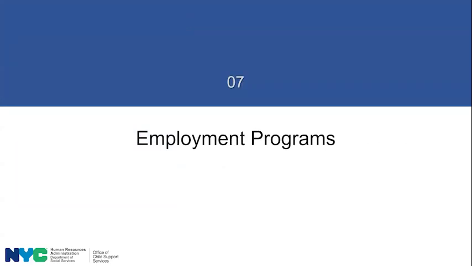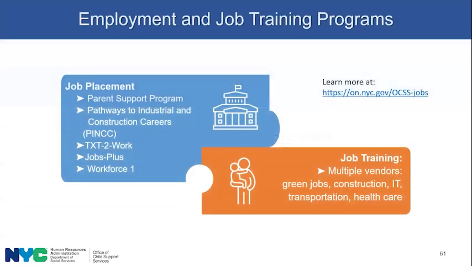Employment programs. We're going to run through these quickly. Next slide. So we have job placement programs within the parent support program, pathways to industrial and construction careers called PINC, Text to Work, Jobs Plus. Text to Work is a citywide program. Jobs Plus is for NYCHA residents, Workforce One.